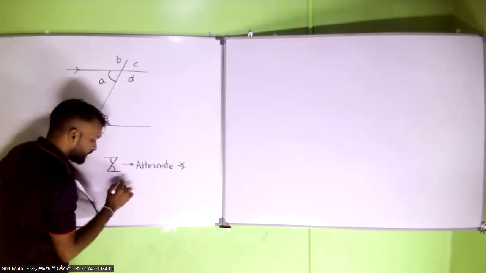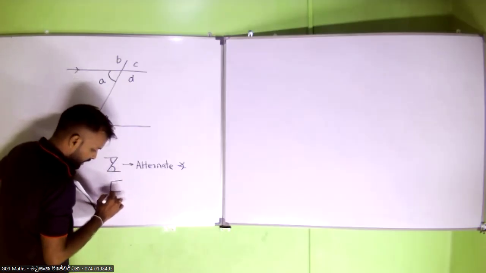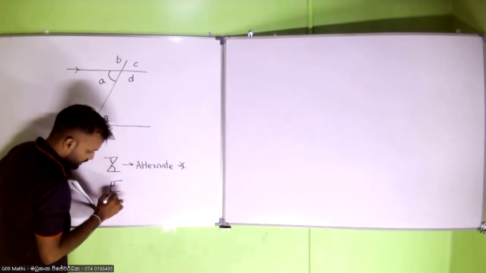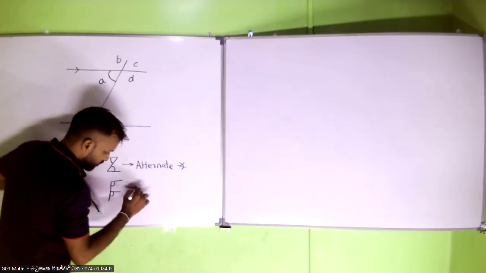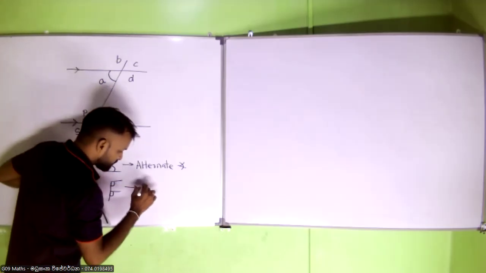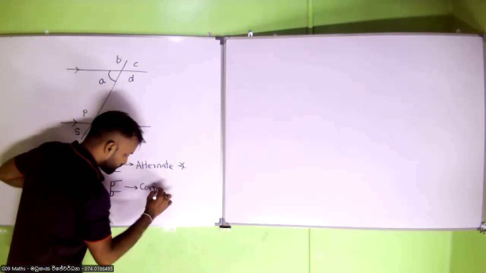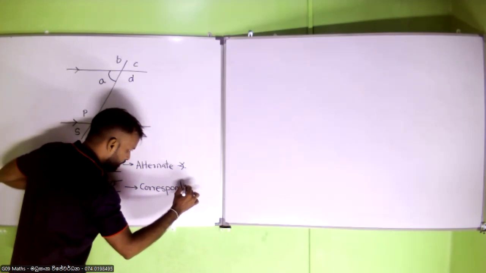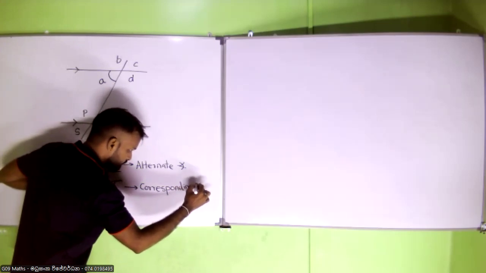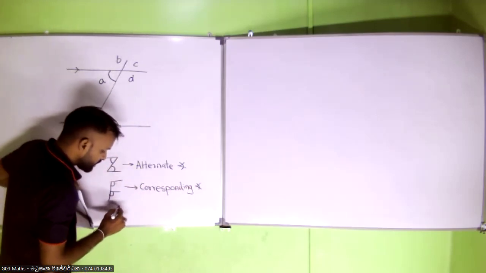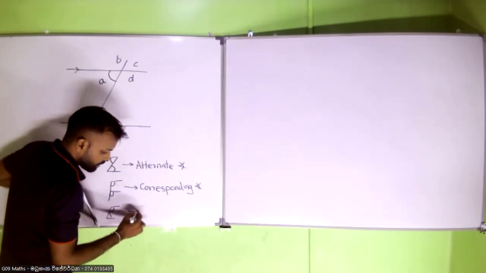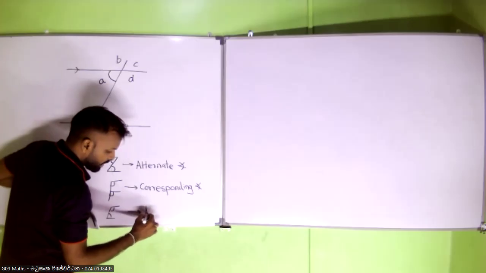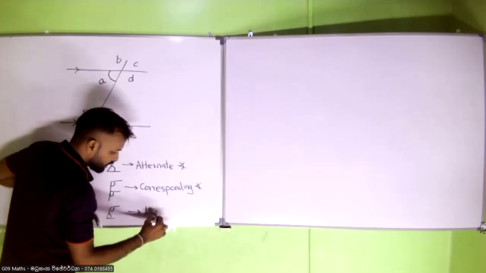If you see an F shape, this angle and this angle are called corresponding angles. And if you see a C type of angle, those are called allied angles.